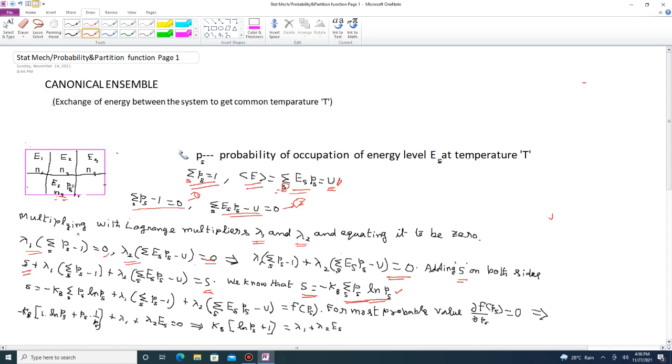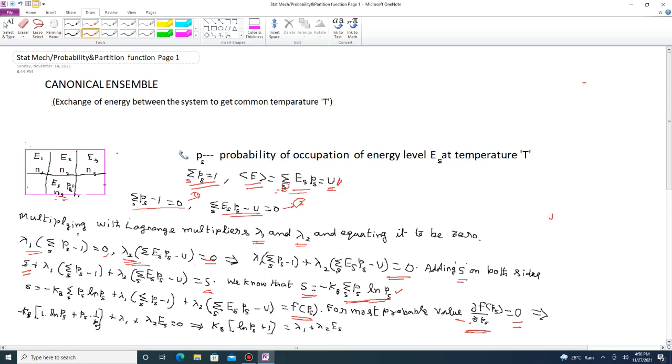This is a function of Ps, because the expression contains Ps, so it may be expressed as f of Ps. Now for the most probable value, if you differentiate with respect to Ps, this must be 0. So you find the derivative with respect to Ps.